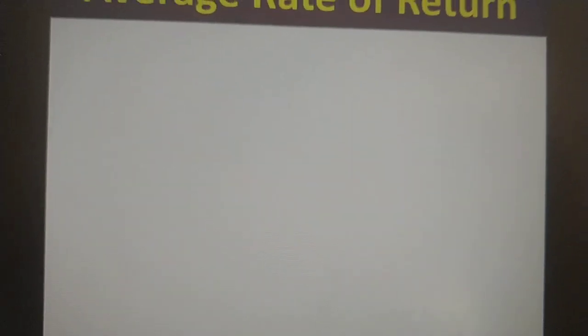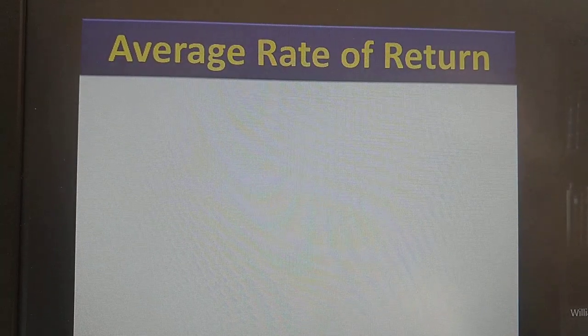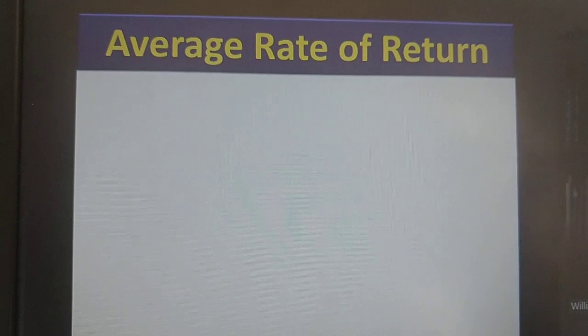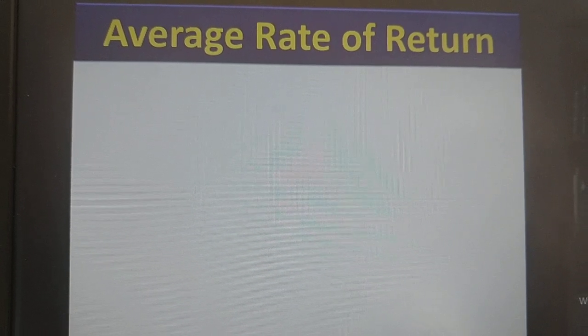So the next formula we're going to talk about is average rate of return. This is important if you're buying on a short-term, 3 to 5 year type of deal, maybe 10 years most. We want to look at what you're going to earn as an average rate of return over the life of the investment.